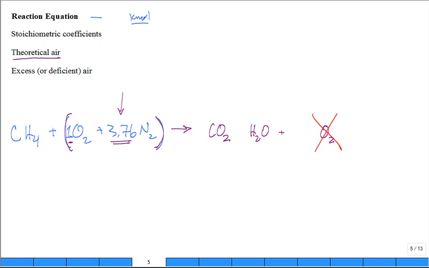But you're going to have N2 going out. And because we like to play with this 3.76, just go ahead and put it right there. It helps balance the equation. Start the reaction equation with this much methane. There is really a 1 in front of that CH4. Sometimes I never write it. It's implied. It's just CH4.